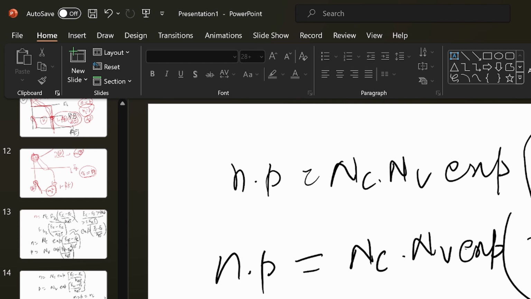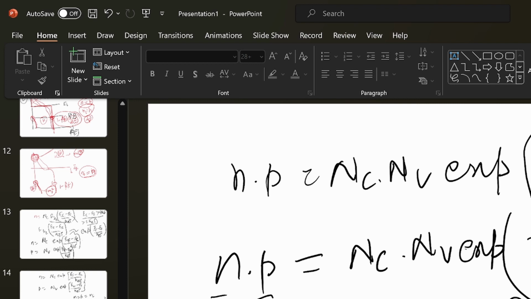Here n is equal to p is equal to ni, the intrinsic carrier concentration. We have not doped the semiconductor, so n will always be equal to p for the intrinsic at equilibrium. So ni square is equal to Nc into Nv into exponential of negative Eg divided by kBT.